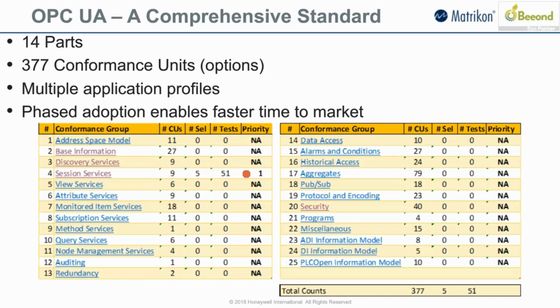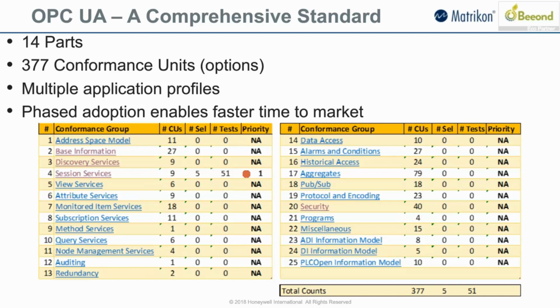But there's 377 options and parts to OPC UA and things to consider. And that's our value add, if you will, in our expertise and our consulting, is to help vendors find their way through that and determine exactly what pieces they need, and help them focus on the parts of OPC UA that are right for their product, and put together a phased approach.